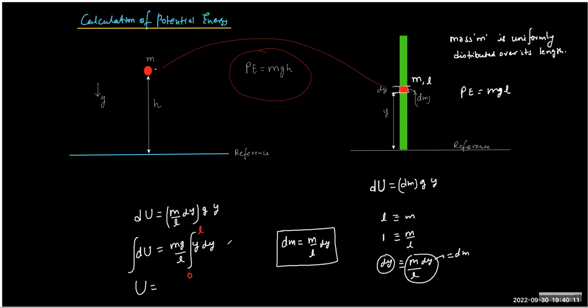See, y must vary to cover the entire rod. To cover the entire rod, y must vary from where to where? Rugved, that's for you. 0 to L. Yes.